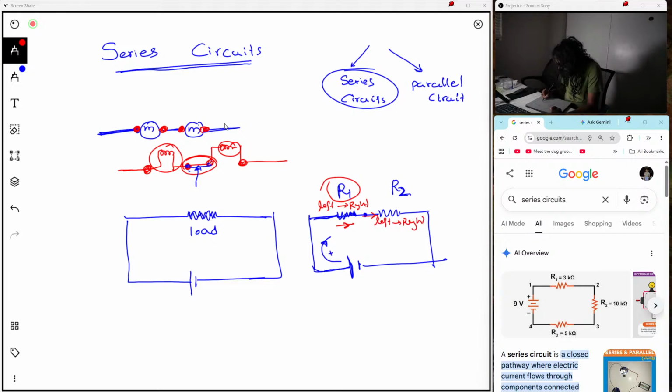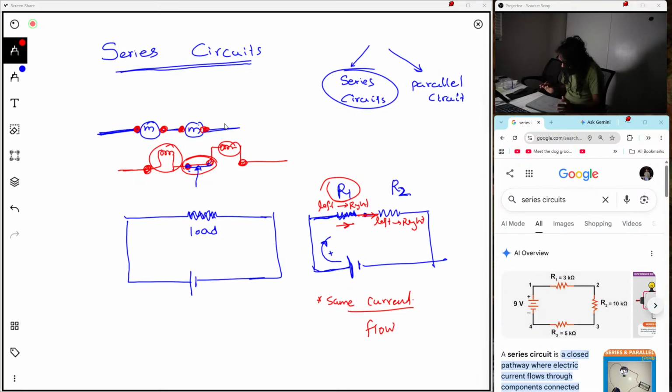Current is the rate of flow of charges. The charges flow into the resistor, come out of this terminal and enter the next resistor. As we have two resistors, what can you say about the current? The current should be the same. The same current flows.